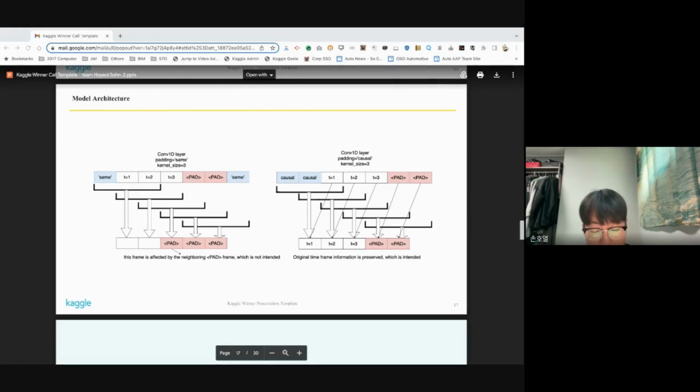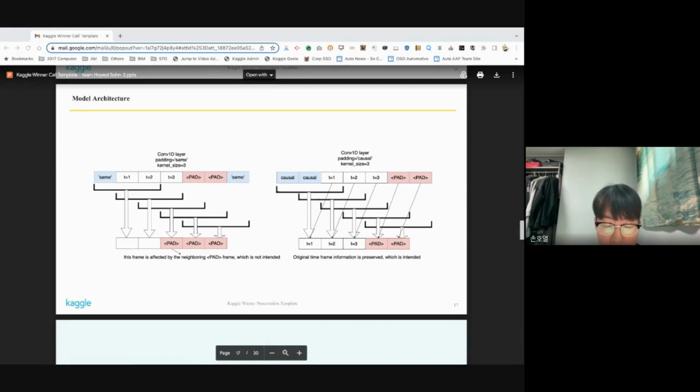But as we do not pad during inference, the calculation results of the third frame differ between training and inference. The train-test inconsistency occurs in the third frame's output when using the padding equal to same argument. In this case, implementing masking becomes much more complicated.